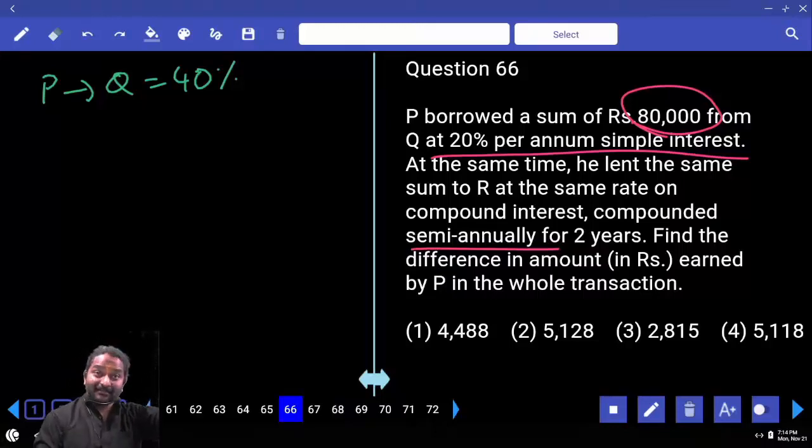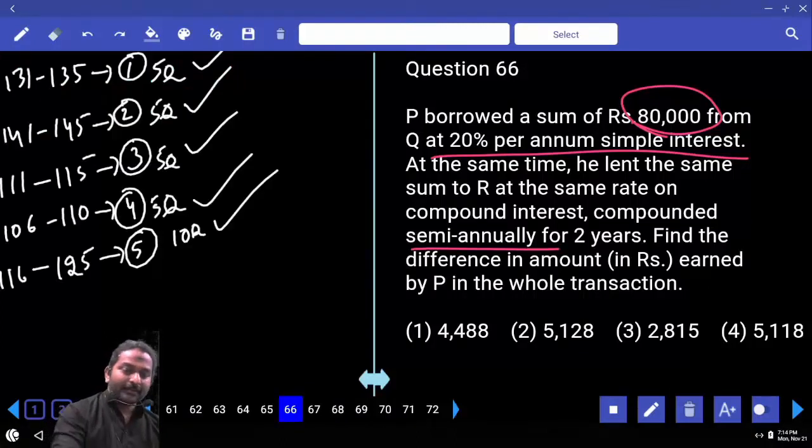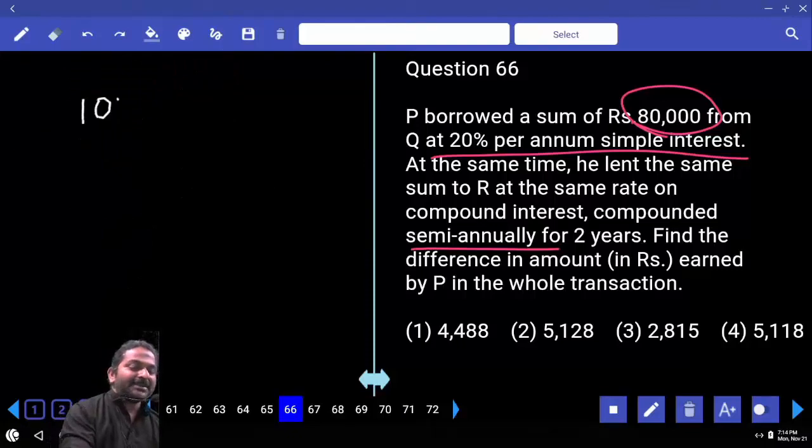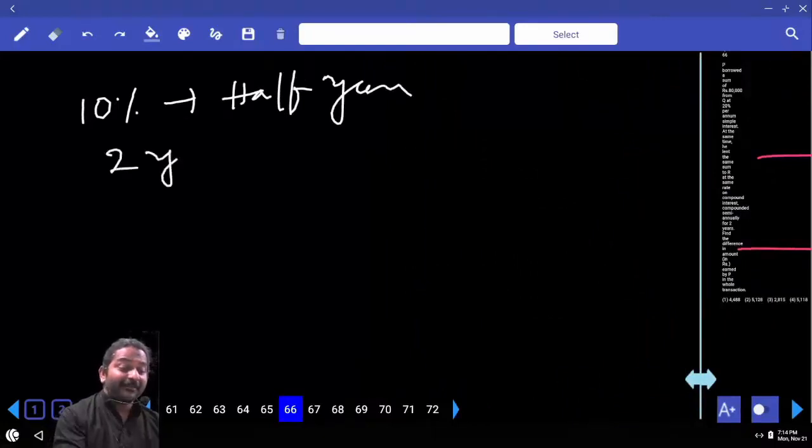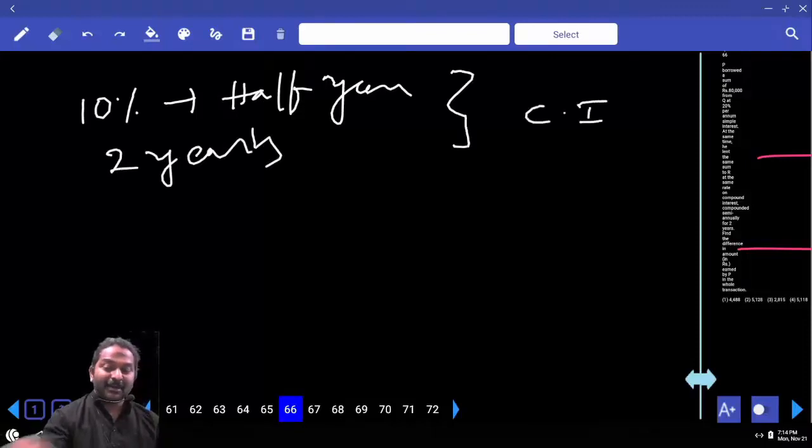Compound interest for 4 years at 10% per annum, same thing. 10% per half year calculated for 2 years gives some compound interest.